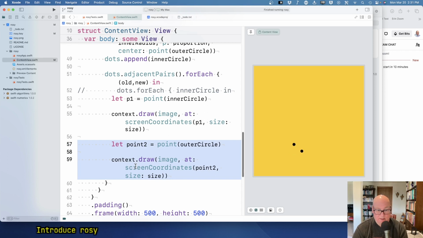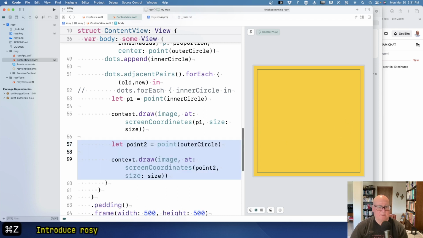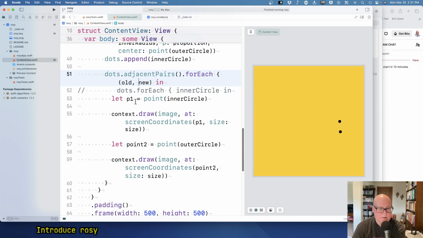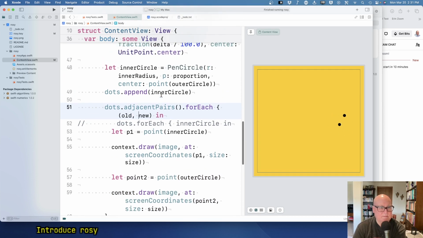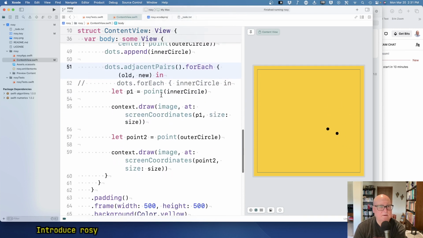Okay, I'm going to take this one out. We lost our memory now. What's going on? Oh, I don't have... Well, no, I don't know. Dots for each. Okay, P1 is point of inner circle. Well, this is now old.